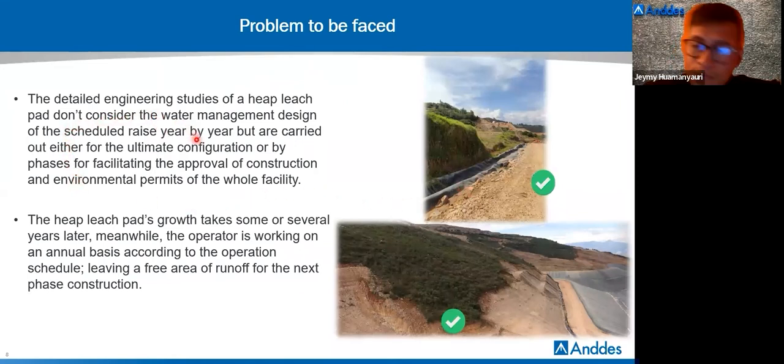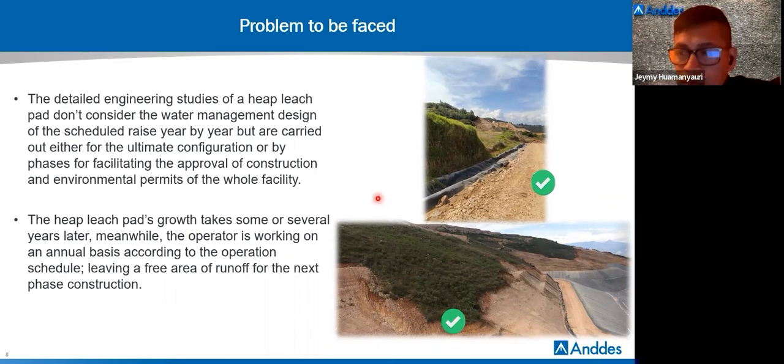In Peru, the detailed engineering studies can be accepted for the final phase. But in the intermediate or initial phases it is not made in detail.